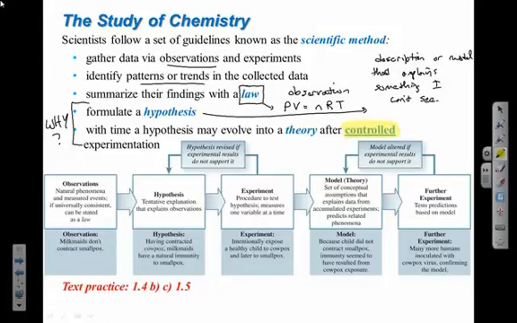gravity. For 1.4c, all matter is composed of very small particles. Is that something you can see directly? No. No, you can actually, given the right instrumentation, observe single atoms.